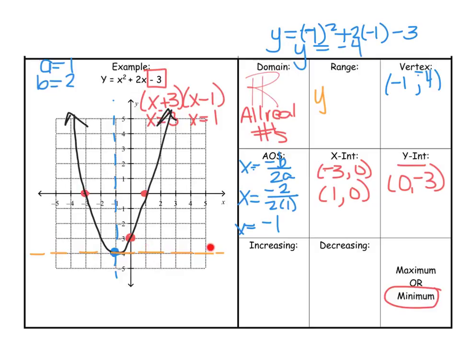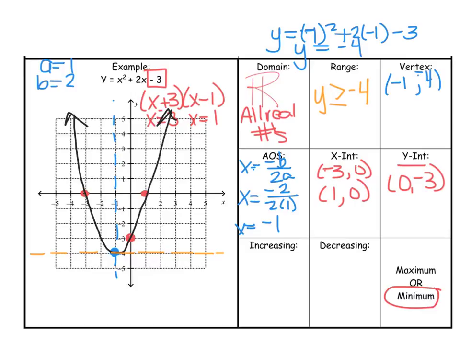So my lowest point on my y-axis is negative 4, so it includes everything including negative 4 and everything above it. So my range is y is greater than or equal to negative 4, because it includes negative 3, negative 2, negative 1, 1, 2, 3, 4. This number here and this number here are always going to be the same, just like the x value of the vertex and the axis of symmetry are the same.